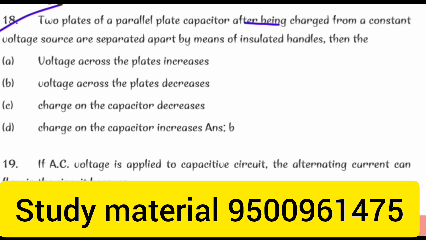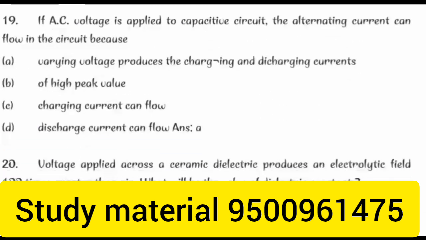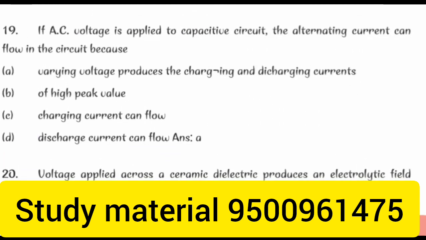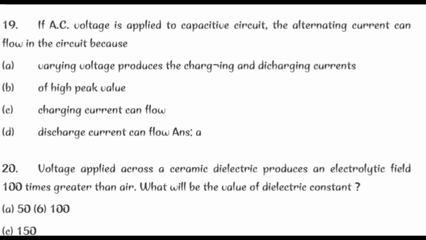Then the voltage across the plates decreases. If AC voltage is applied to a capacitive circuit, the alternating current can flow in the circuit because varying voltage produces the charging and discharging currents.